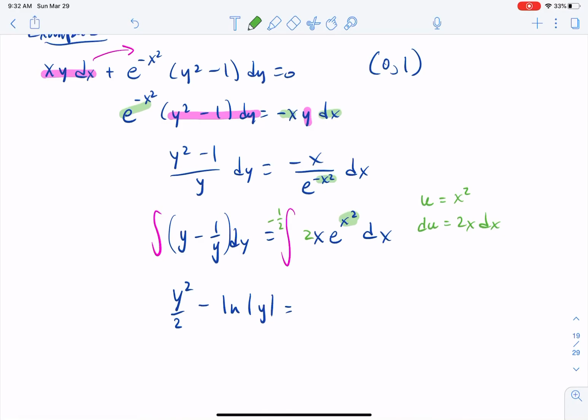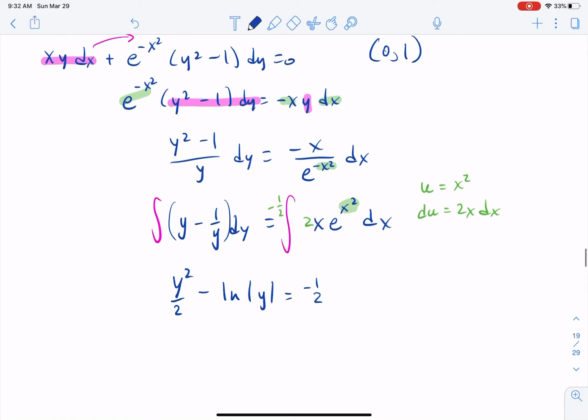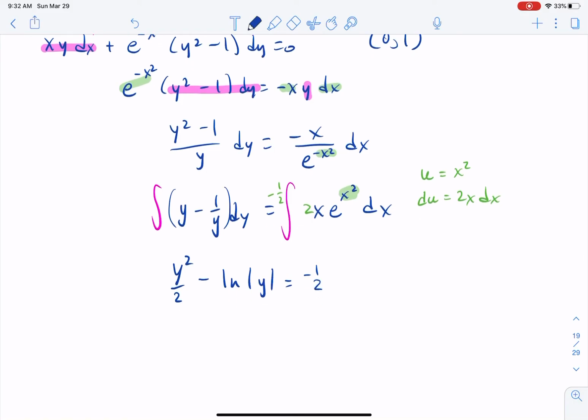And then I need a 2 in there, and I'll fix that with a 1/2 on the outside, and then rewrite stuff. So this green negative 1/2 gets to stay. And on the right-hand side, the 2x and the dx become the du, and then the e to the x squared is e to the u, du.